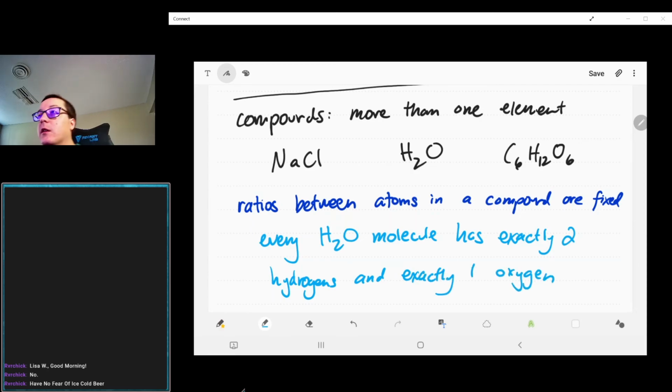Our chemical formulas tell us exactly how many of that particular atom there are in a given compound. And these ratios are fixed. So every time you see a water molecule, it will have exactly the same atoms in the exact same proportion as every other water molecule. We're going to see that this is very useful when we're working with mathematics with compounds, because knowing exactly how many of each atom we have, we can have some fun calculations come out. So we can take advantage of that fact.